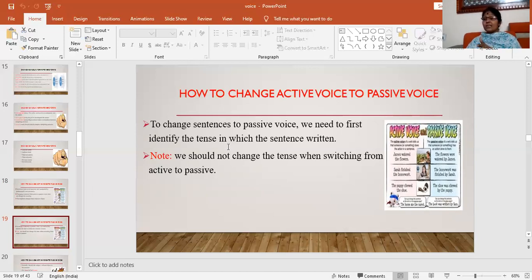Only the form we can change. If it is in present tense, it should be in present tense. If it is in past tense, it should be in past tense. If it is in future tense, it should be in future tense. Only the form will change. So the meaning should not change, the tense should not change, only the emphasis should change, right?